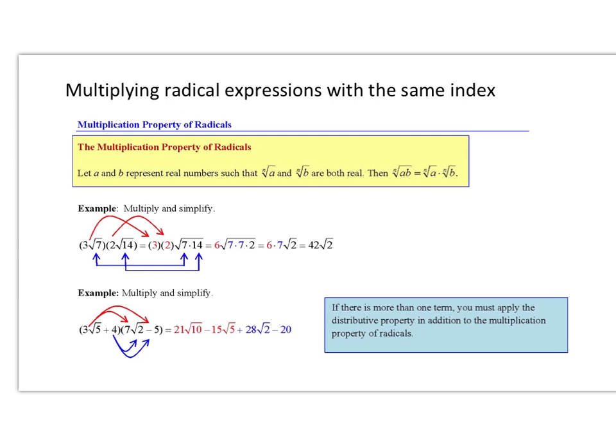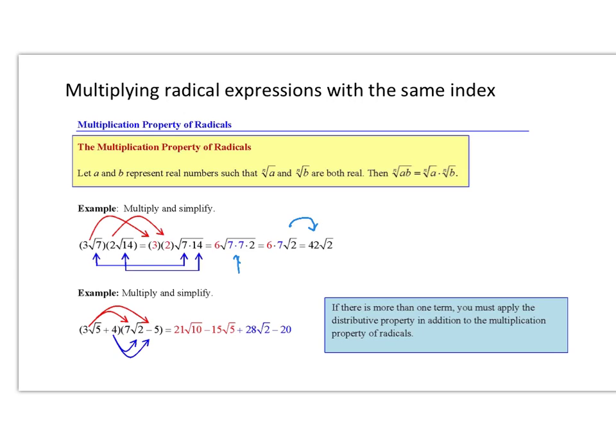We notice that we have 6 times the square root of 7 times 7 times 2. We can bring out a 7, so we now have 6 times 7, and we're left with the square root of 2, and so this now becomes 42 square root of 2.